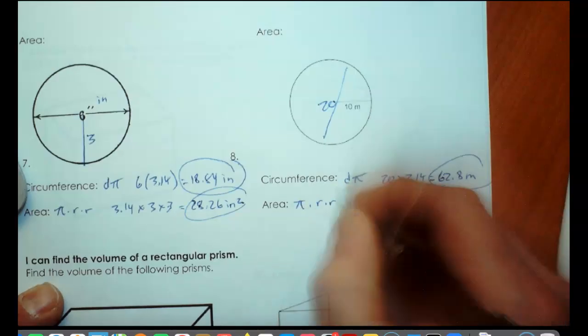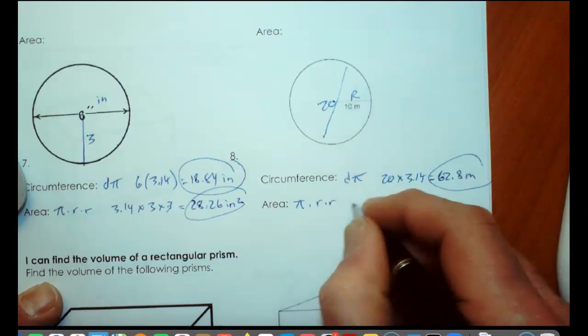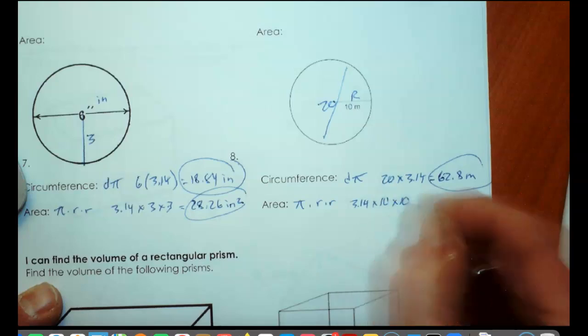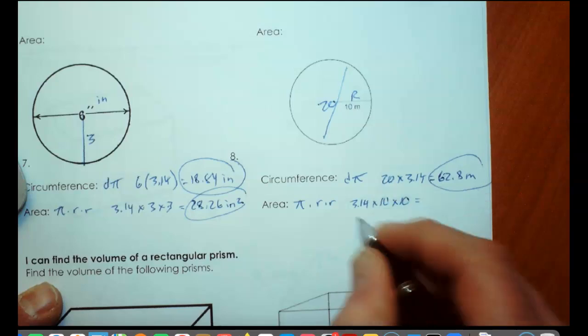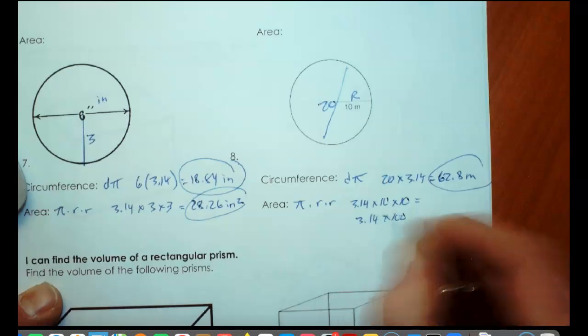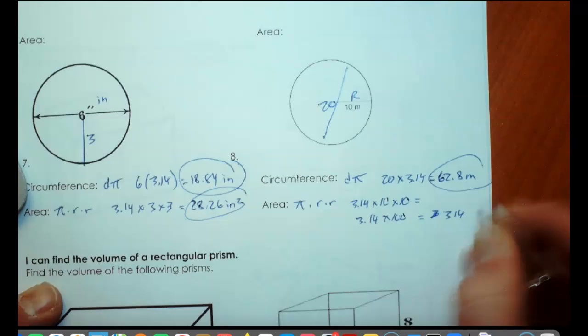Well, here's my radius here of 10. So that will be 3.14 times 10 times 10. Well, that's really like 3.14 times 100. And I can just move the decimal twice, so that's going to be 314 meters squared.